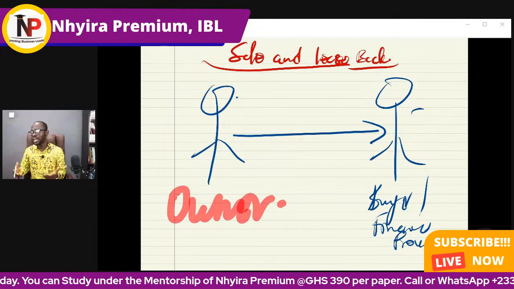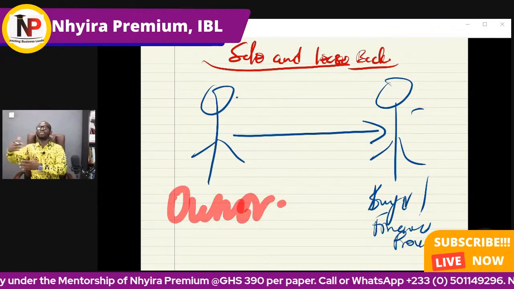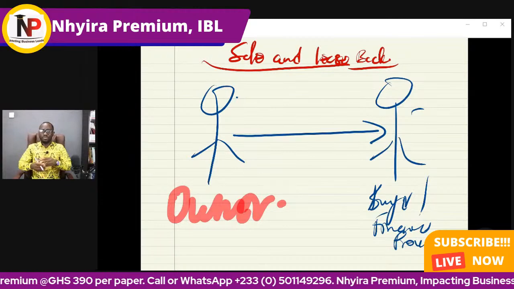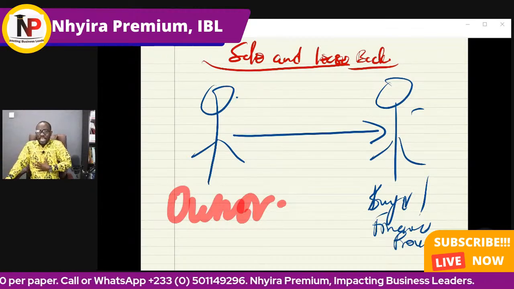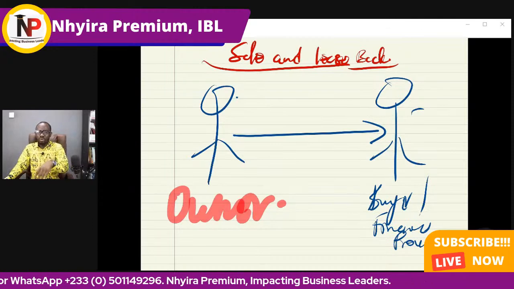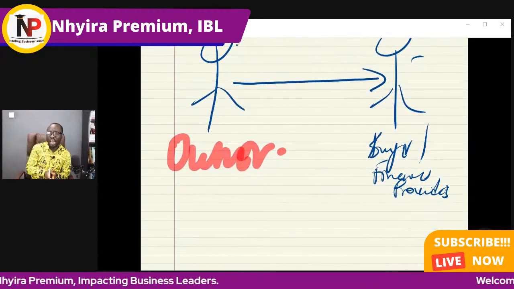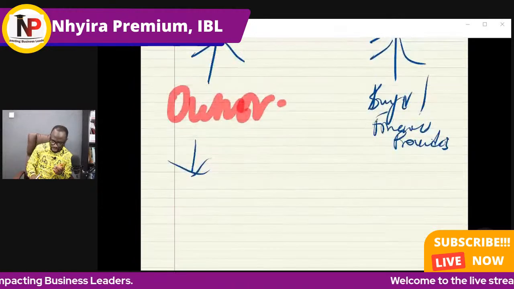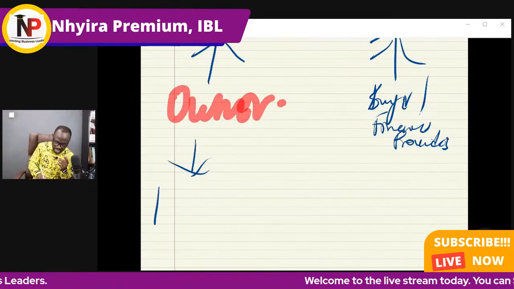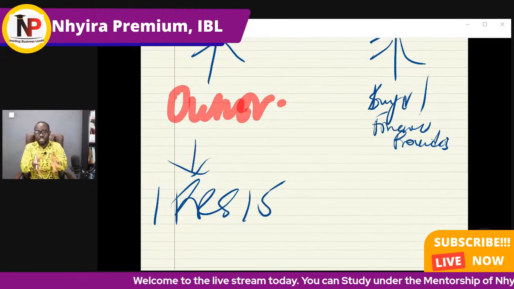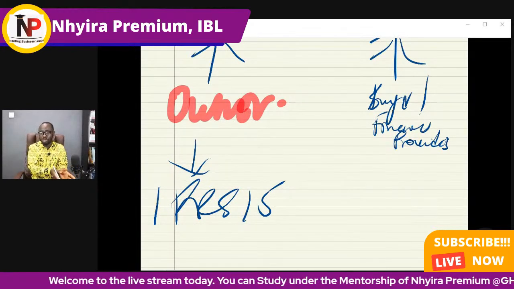So the question we then ask ourselves is, how do we account for it? If it is a financial arrangement, meaning it is not a sale, the owner of the asset will recognize a financial liability and continue to depreciate the asset in its own books.